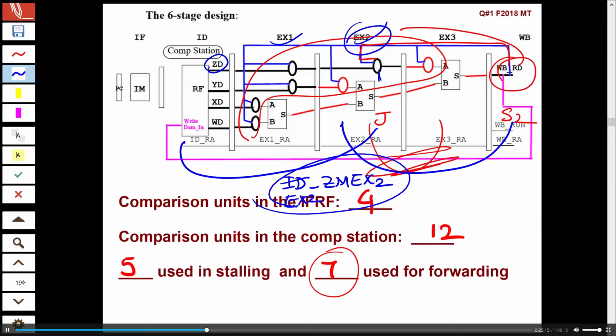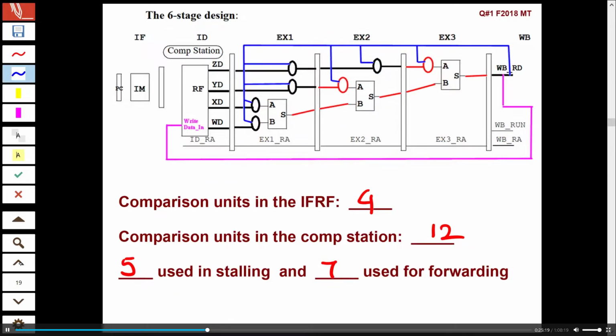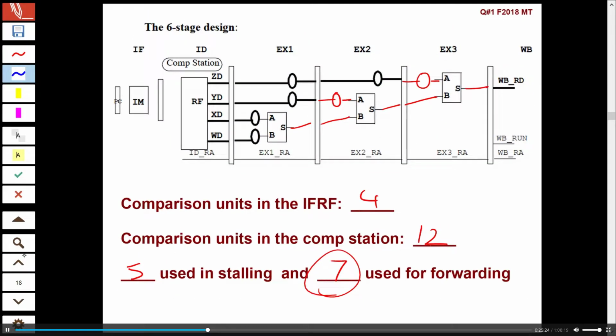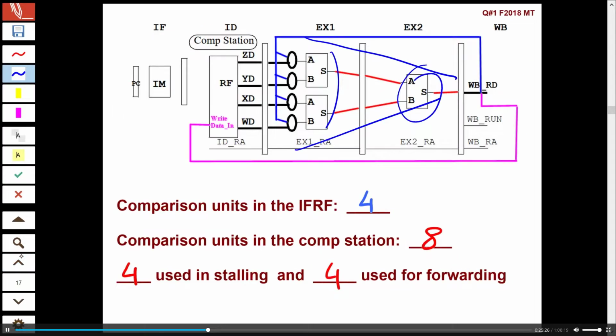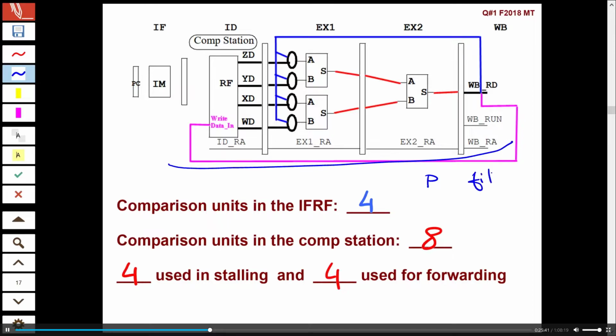Now, this page is simply asking about this, which is better, the 6 stage or the 5 stage. Now, in the case of pipeline, normally we ignore the filling time. The very first instruction does take so many clocks. That's called filling the pipe.